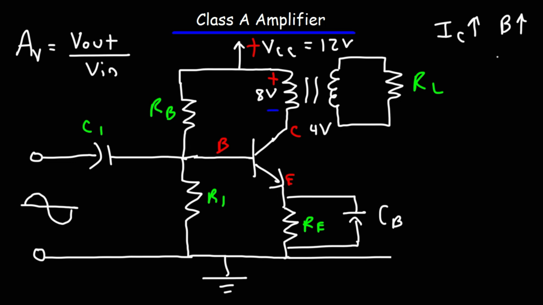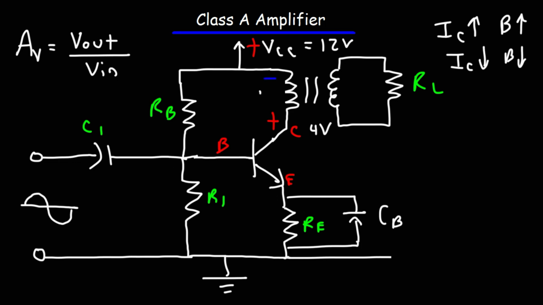Now, the current won't increase forever. Eventually, the current is going to come back down. When the current decreases, the magnetic field collapses, and that stored energy is released back to the circuit. The polarity across the transformer reverses. And so this is now positive, and the other side is negative.